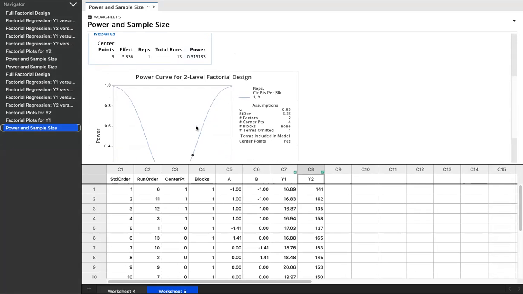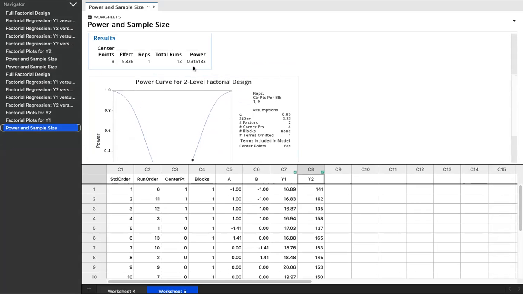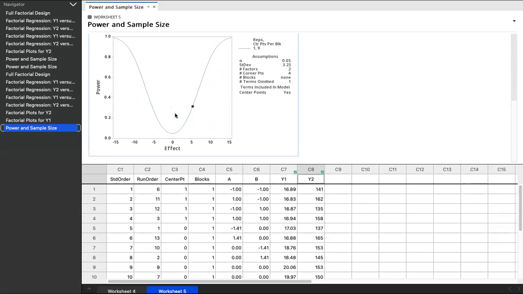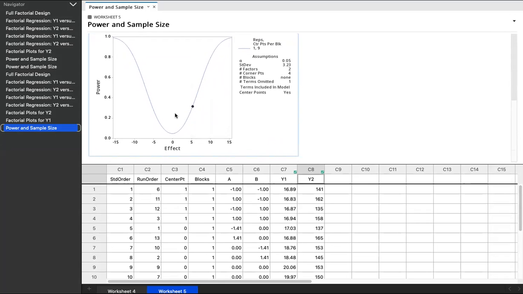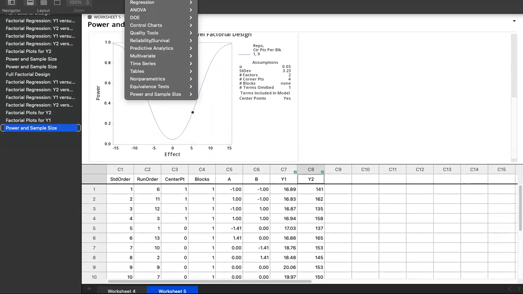Well, we can see a power of 0.31. It is not too high a power. I think I forgot something. Let me see.